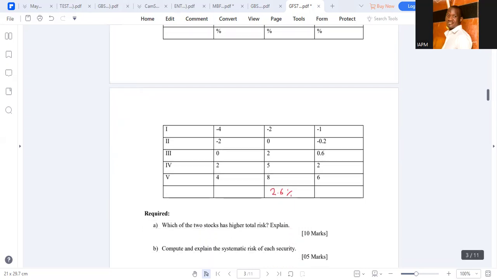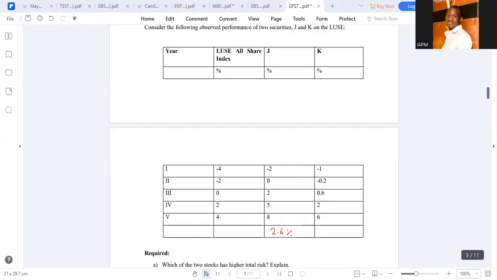So we want to get the average for each stock. So we have stock J and stock K. So we just added and divided by 5 in this line. So also add here and divide by 5 in this one. Minus 1, minus 2.